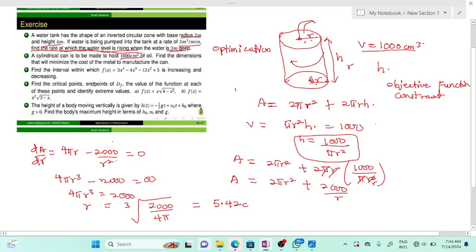So we simply have our radius at the critical point, which is obviously the minimum point. Now the next thing to do is to find the corresponding height that will give us the minimum as well. So let's see how we do that one.